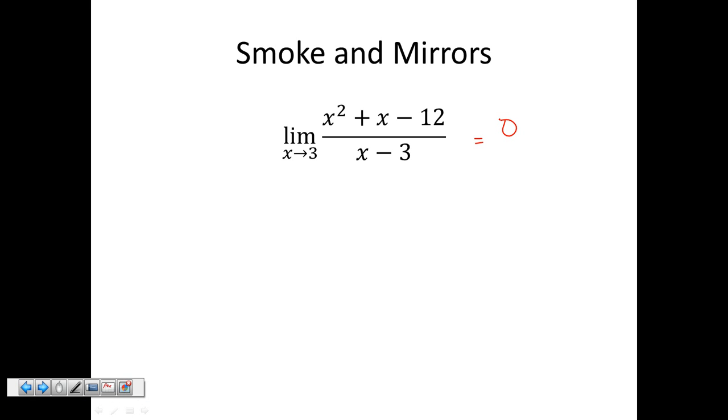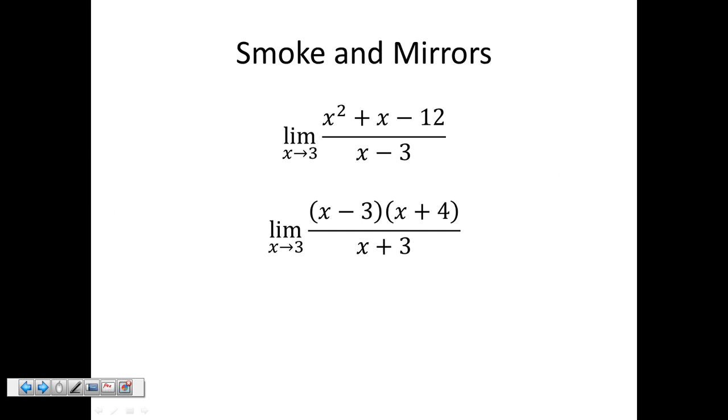That's okay, a limit can approach 0, but I also get 0 on the bottom. That right there is mathematical gibberish. I can have 0 on the top, I can't have 0 on the bottom. So I'm going to have to work a little harder to get this answer.